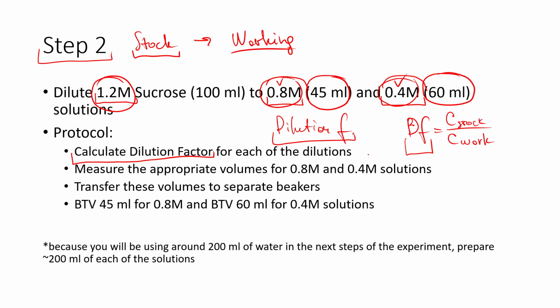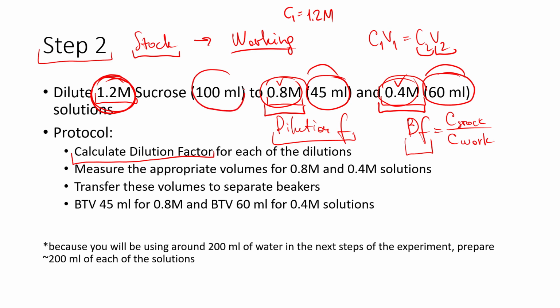So how do you do that? Again, you have a formula which goes C1 V1 equals C2 V2. So C1 is here, C2 is here and here. So the V2 you have here and here. So finally you can go to your needed volume of the stock that you need to dilute.